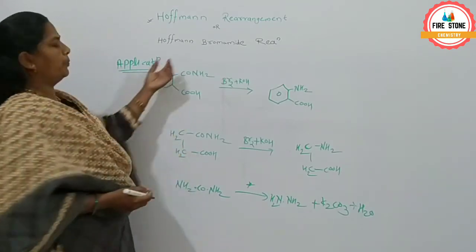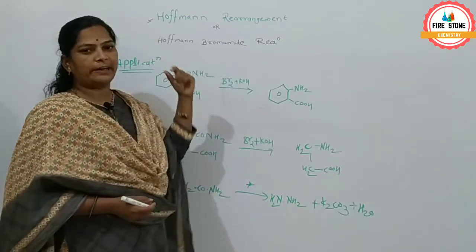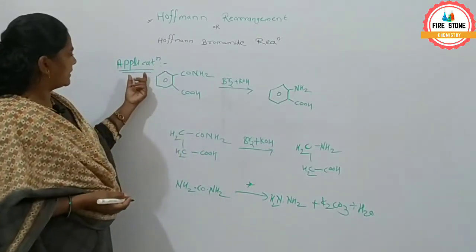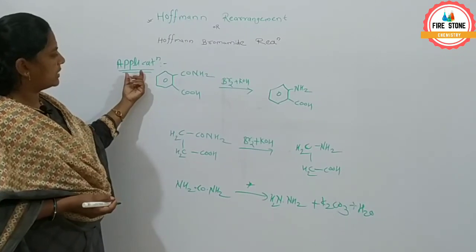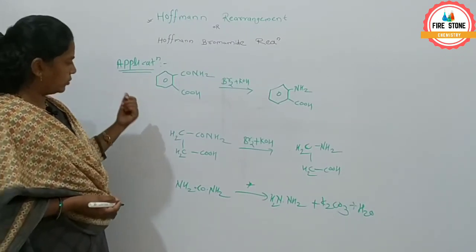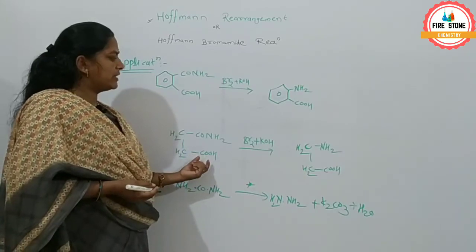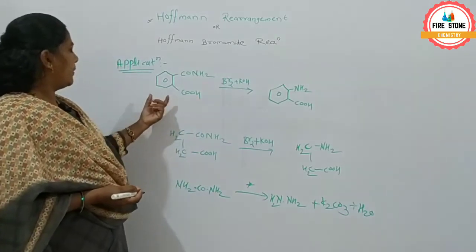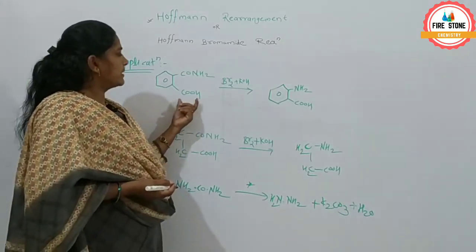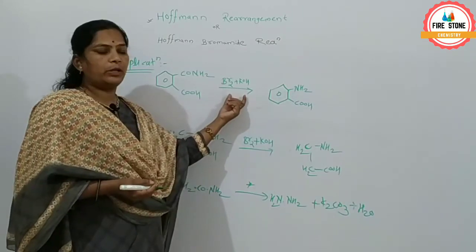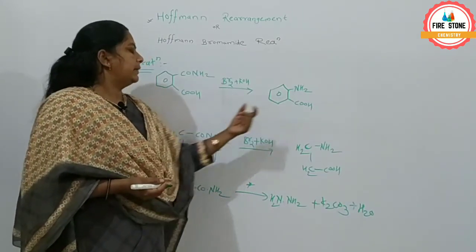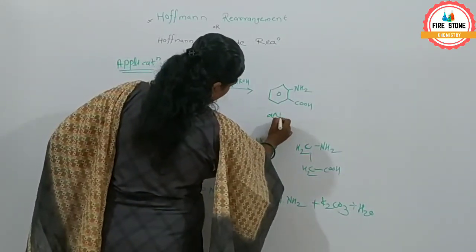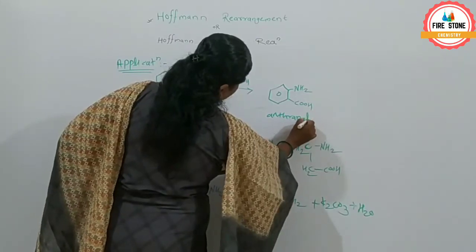Application of the Hofmann bromamide reaction or Hofmann rearrangement. This reaction is used for the synthesis of amino acids. When this reacts with Br2 KOH, we get this acid, that is anthranilic acid.